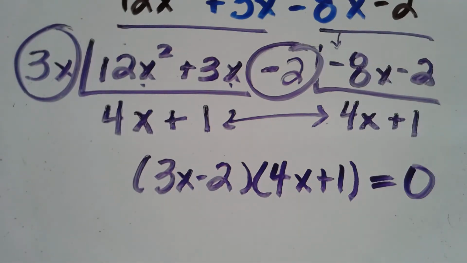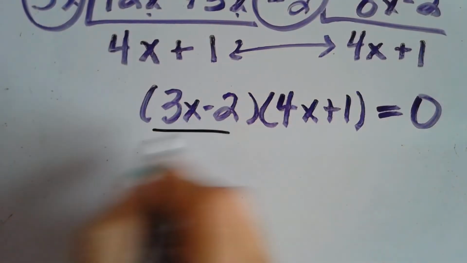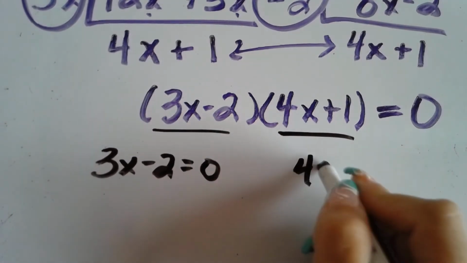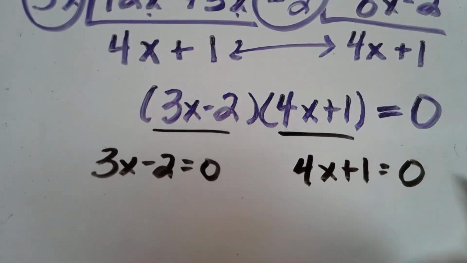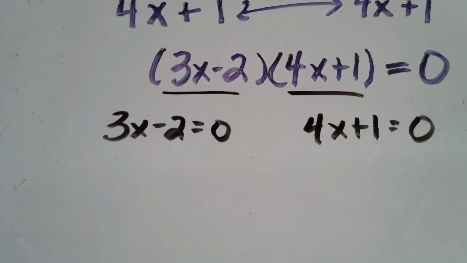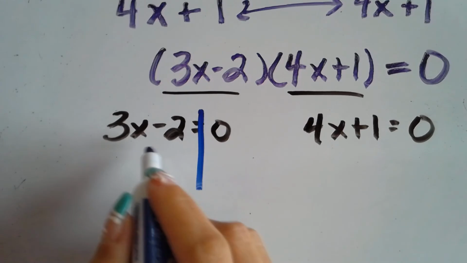So now I'm going to just divide these two pieces and say 3x minus 2 equals 0. On this piece, 4x plus 1 equals 0. Okay? Now we're just going to be solving for x. So I'm going to go ahead and draw my line here. We've got to work away from the variable.